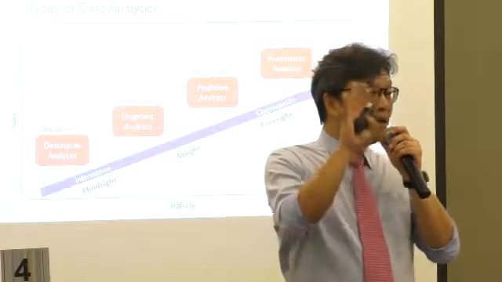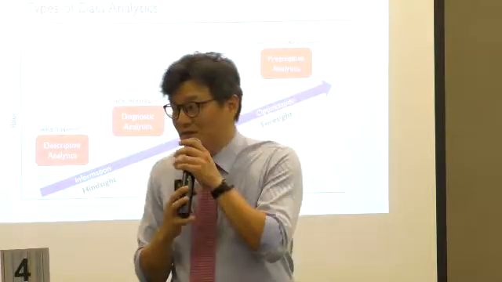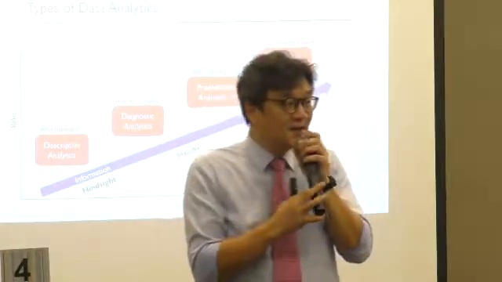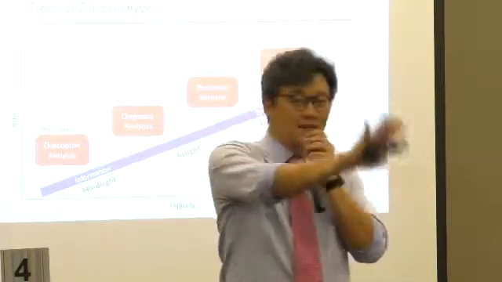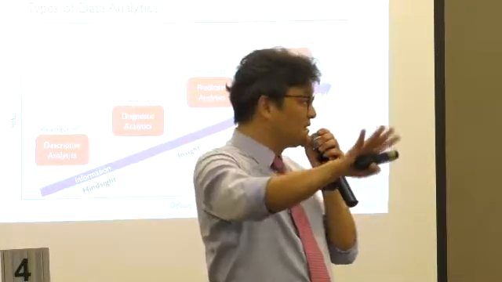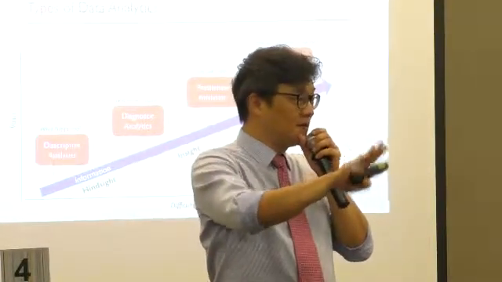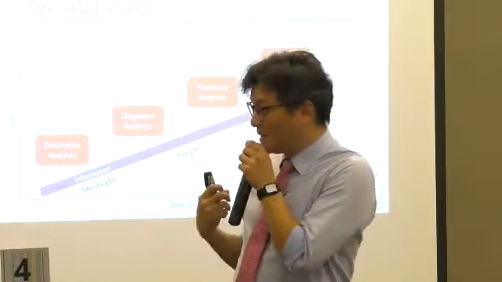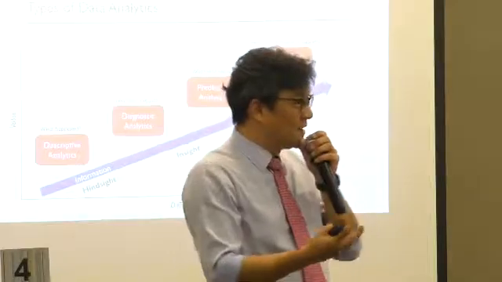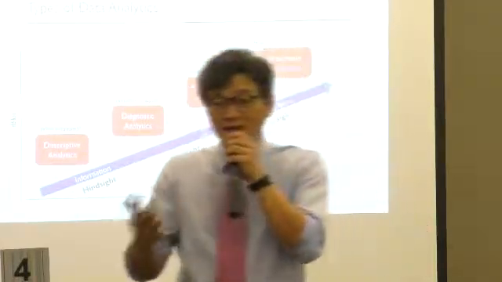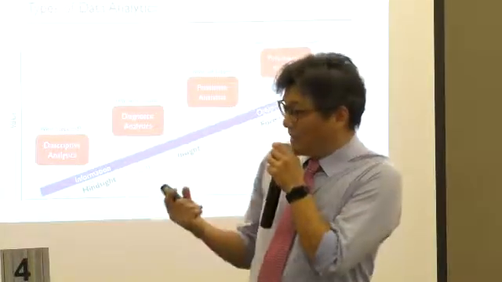The main difference between descriptive and diagnostic analytics versus predictive analytics is the focus. For descriptive and diagnostic analytics, the focus is on the reliability and robustness of the findings. We want to make sure that the knowledge we gain from the analysis is valid, so the concern is on things like the statistical significance of a relationship.